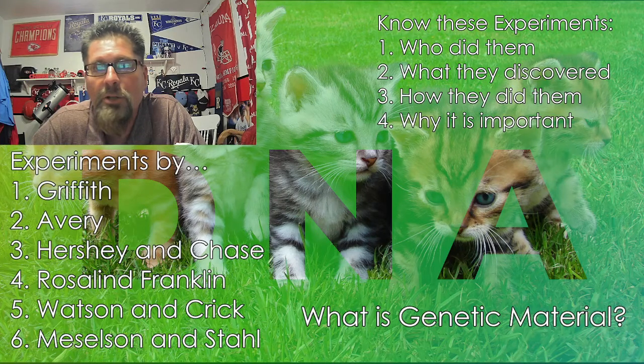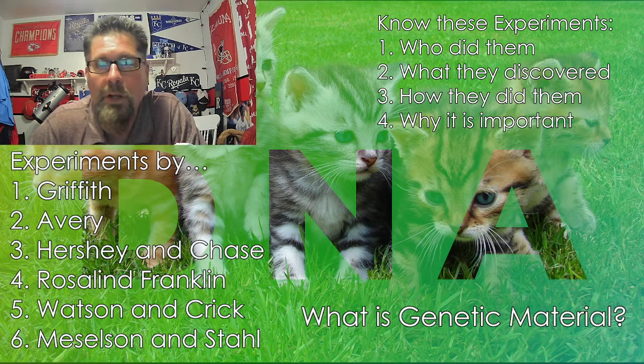So that's what we're going to be doing. We're going to take a look at these 6. Actually, it's 7. I forgot to include one in my list. I made the list, and then I found another one that I wanted to include. We're going to be taking a look at the experiments that these scientists conducted and what their contribution was to our understanding of what is DNA.